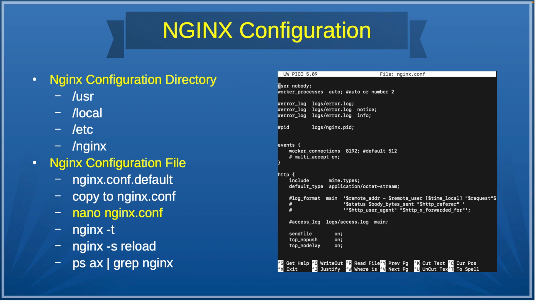And once you install the nginx server, the configuration file is located in a different place from the installation directory on macOS, at /usr/local/etc/nginx. The first one is the default file, nginx.conf.default, and copy it to nginx.conf, and you need to edit it by using the nano editor or Sublime Text.